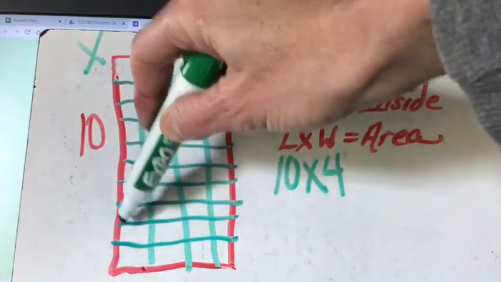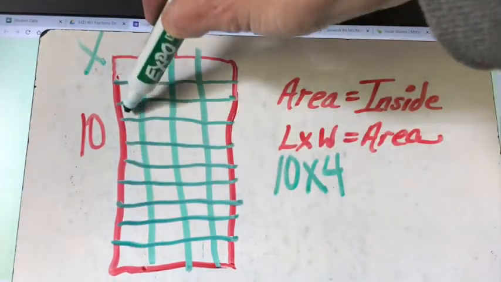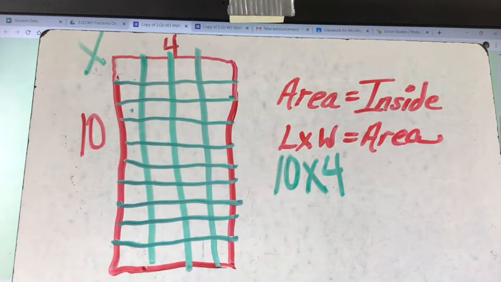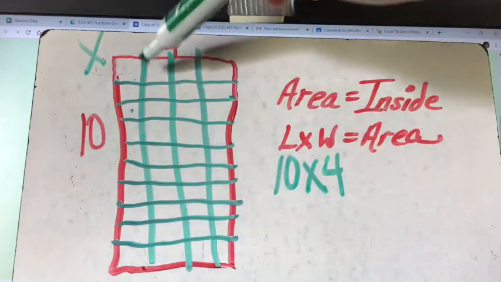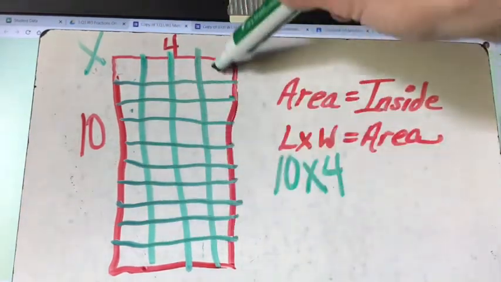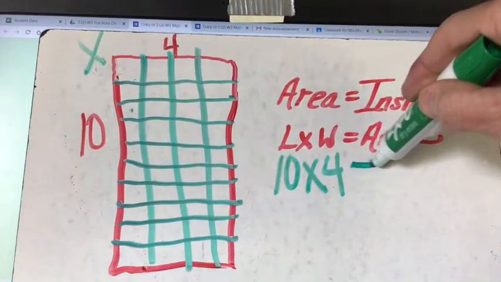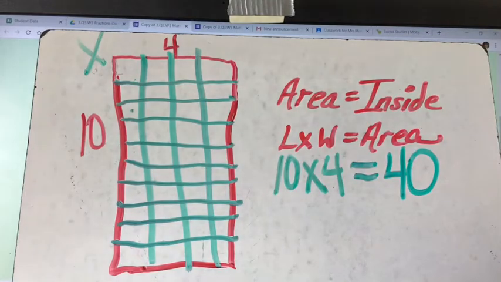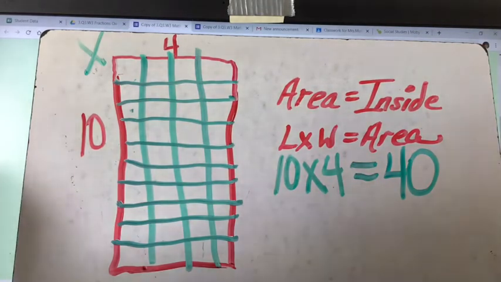Let's make sure. 1, 2, 3, 4, 5, 6, 7, 8, 9, 10. So I have now a rectangular array, and I'm counting the inside. I'd get 10, 20, 30, 40. So 10 times 4 is 40. So the area is 40 square units.